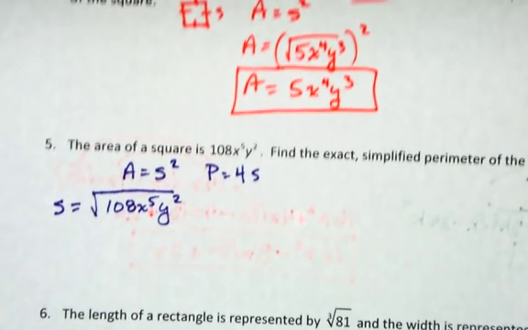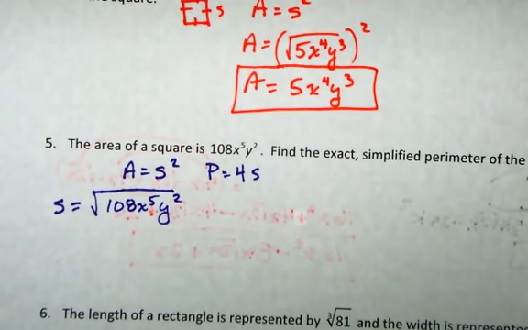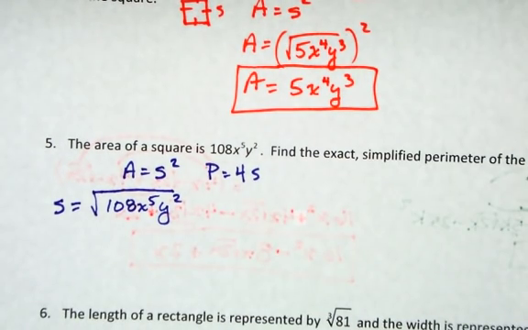And then once we get that, we want to start simplifying. So 108, what can that be divisible by? 108 divided by 36 is 3.